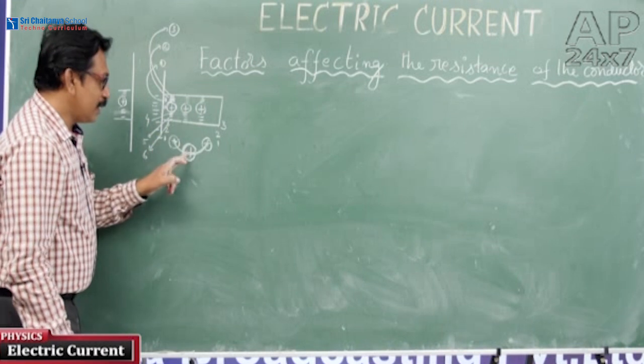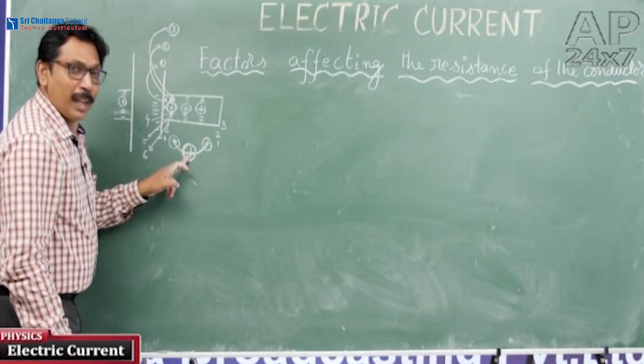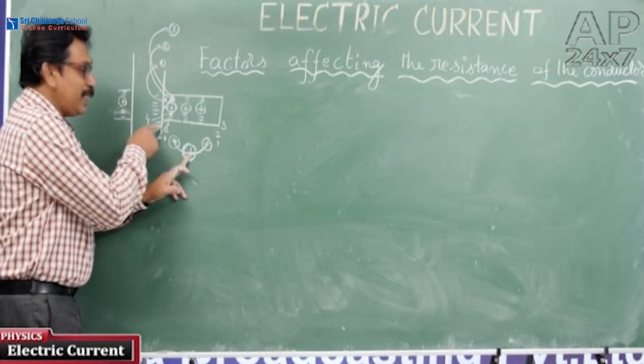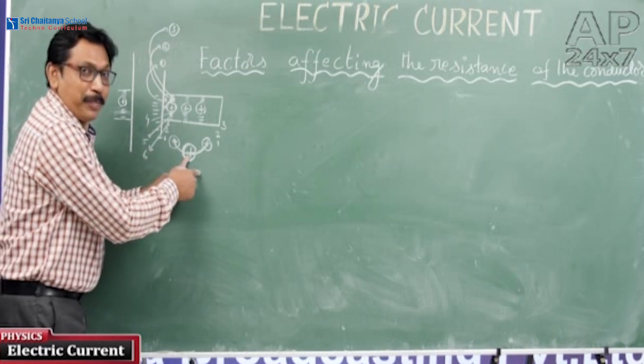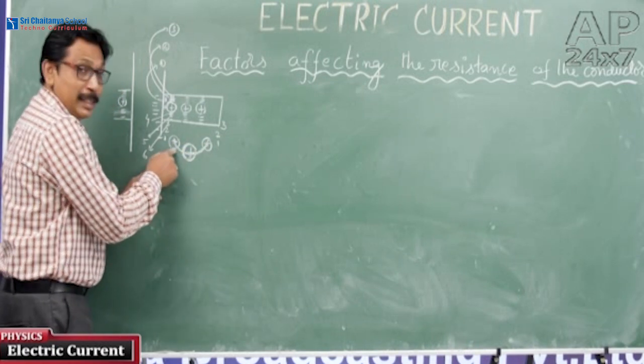My dear students, this collision is mainly because of potential difference and the changes in room temperature. With that, the ions will vibrate.